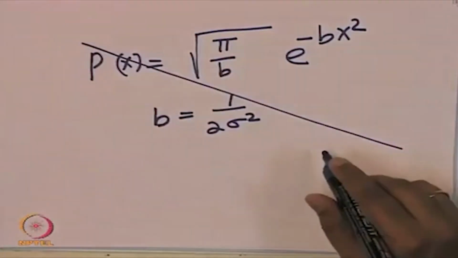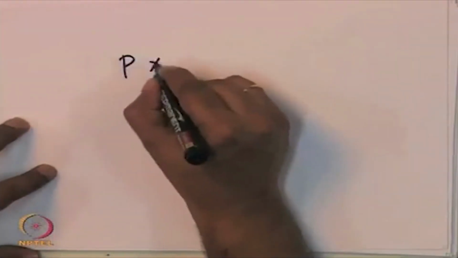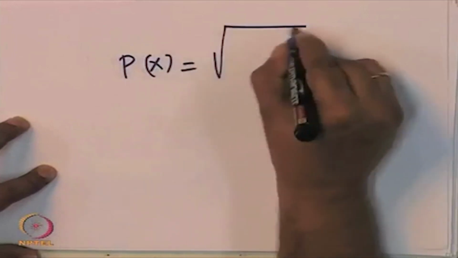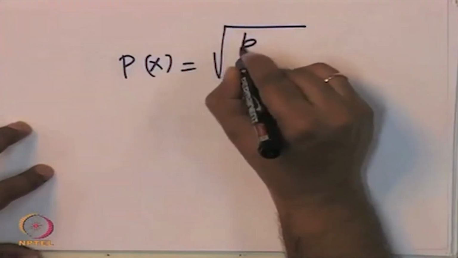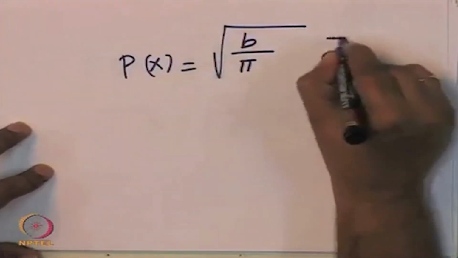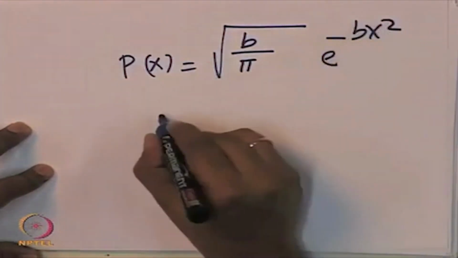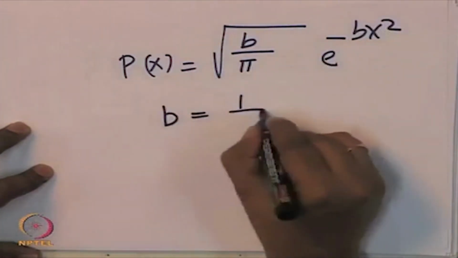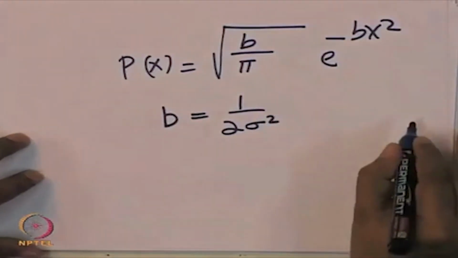The distribution function P of x is root of b by pi e power minus b x square, and we found that b is equal to 1 over 2 sigma square.